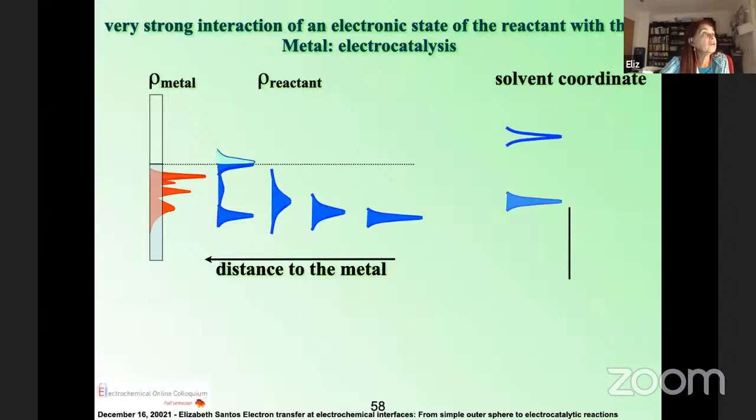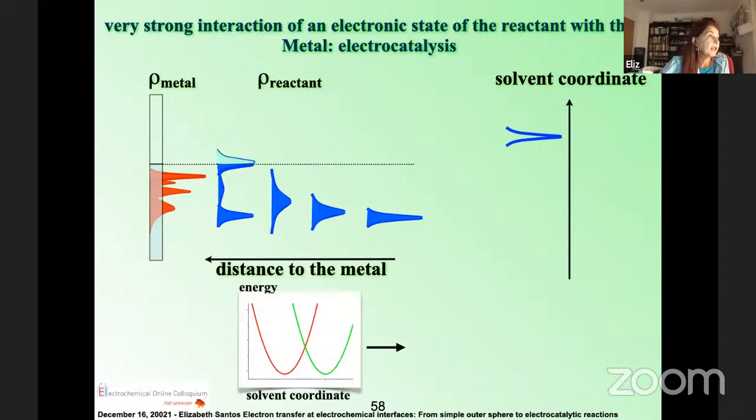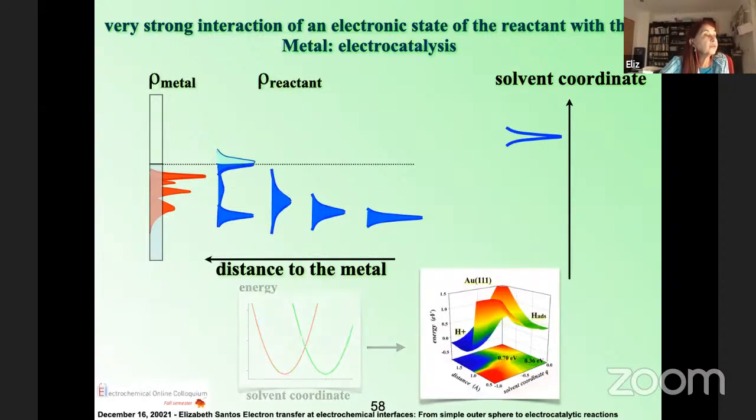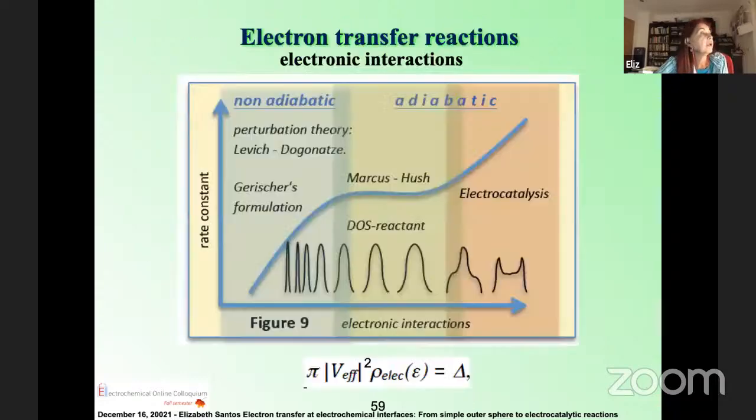And also with the solvent, it can be occupied or unoccupied. That means instead of this potential curve, we have a surface, this sort of plot where one coordinate is the solvent coordinate and the other is the distance to the electrode. And then we can look there for the activation energy and so on.